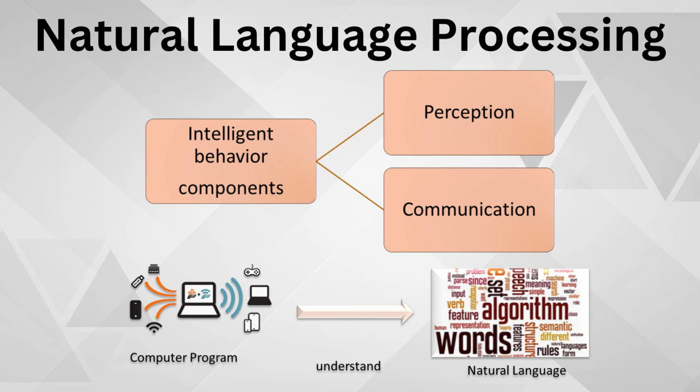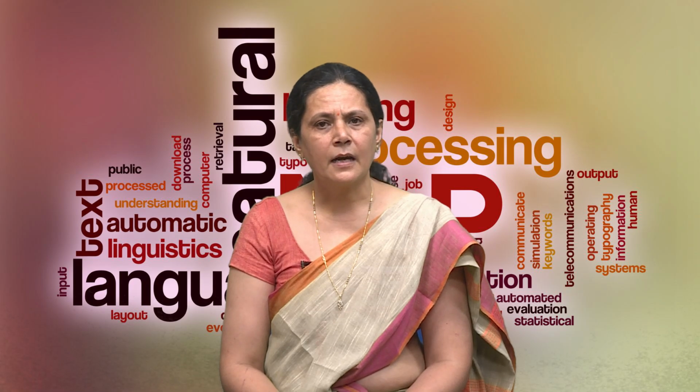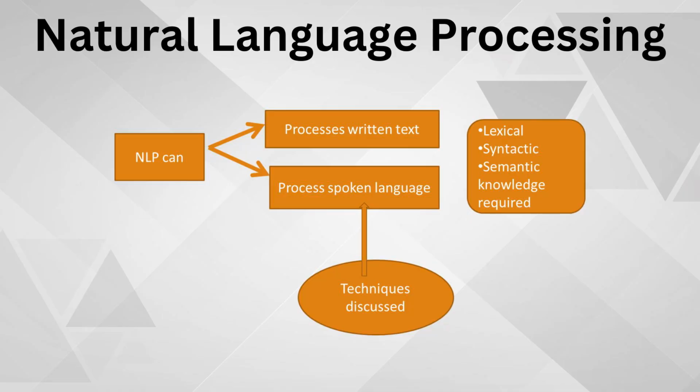of artificial intelligence. The entire language processing problem is divided into two parts: either the language is spoken or the language is written. So, we want our computer system to understand a spoken language or written language. In today's lecture, we will focus more on the written text.